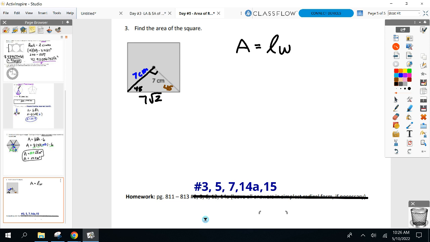If some of you guys are getting 49 and 49, 98, square root of 98, still correct. So either you put square root of 98 times square root of 98, or you do 7 radical 2 times 7 radical 2. Still going to get us the same answer.